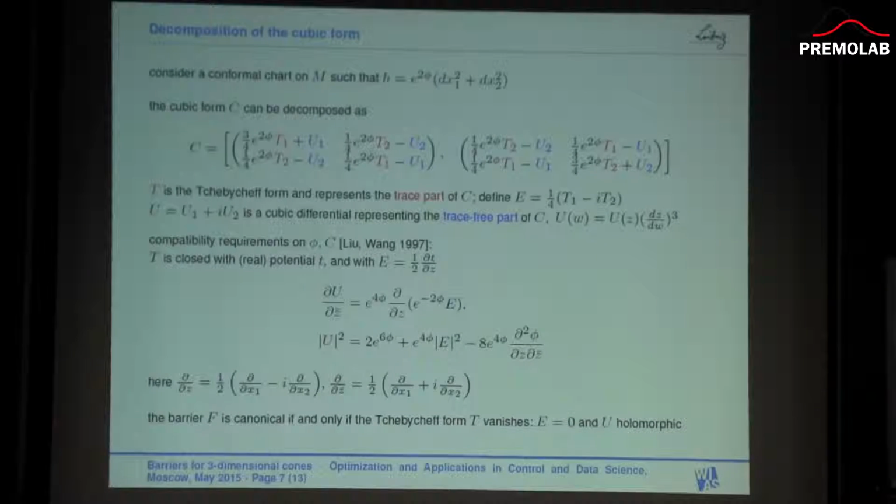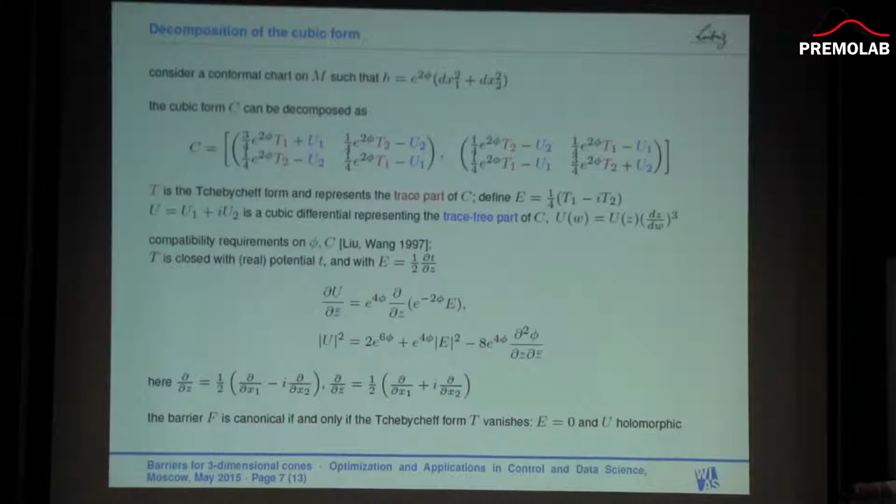And the same happens for higher order tensors, so they can be split into a trace part, which is proportional to the metric in some sense, so this is the red one, and a trace-free part, which is the blue one. And for 3-tensors in 2-dimensional space, it turns out that both parts have dimension 2. So of the 4 independent components, 2 are determined by the trace part and 2 are determined by the trace-free part.